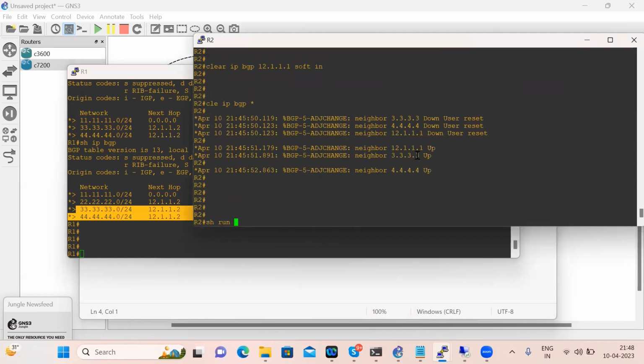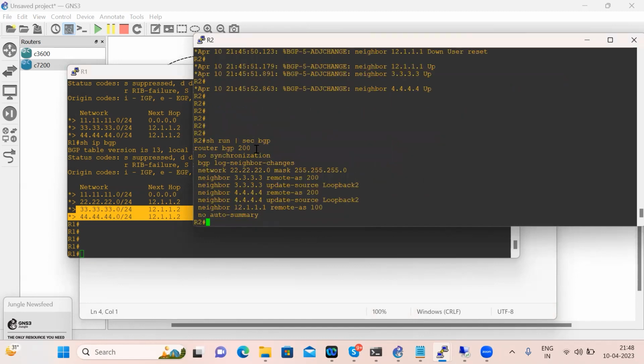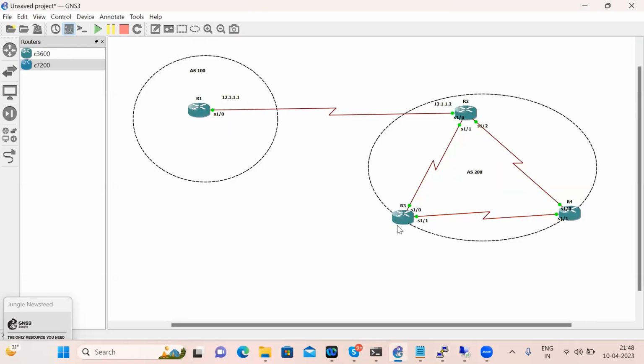On router 2, show run, section BGP. 22 is the connected network, but 33 and 44 are not connected networks. Those are the loopback IPs of router 3 and router 4, 33 connected behind router 3 and 44 connected behind router 4.